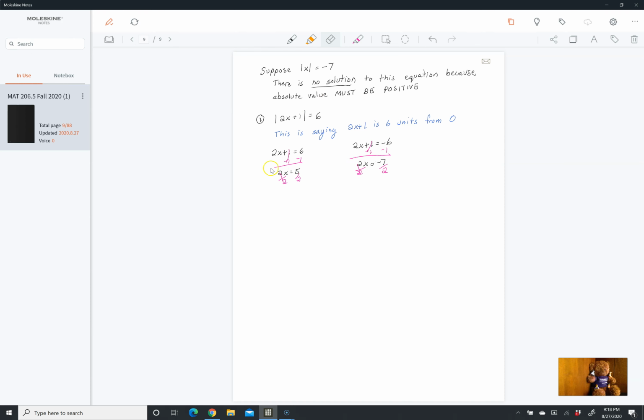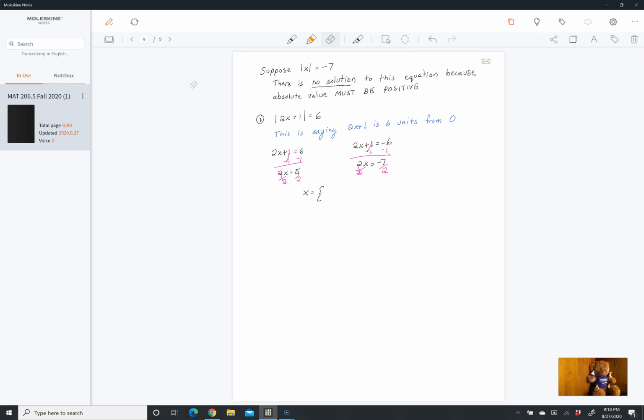So what happens here is we actually get 2 solutions. So the way that we write it when we have 2 solutions is we say x is equal to, and then we use a brace. So if you look on your computers, this is what's above the bracket. Okay, it's called a brace, and it tells us that we have a solution set.